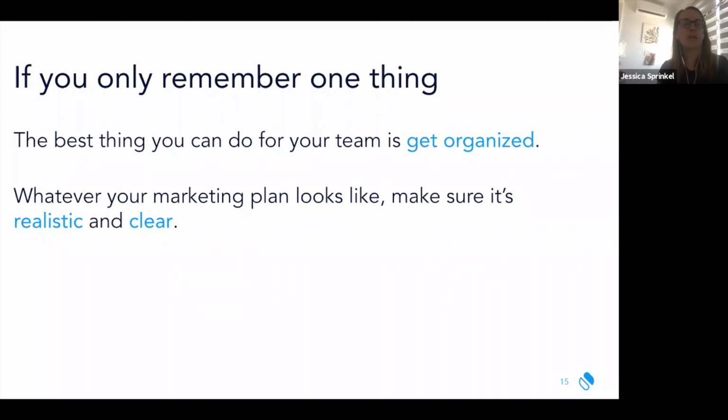And clear meaning there are owners, and people are clear on what they need to do to make this happen. And just in terms of encouragement, I think we can go ahead and plan now. There's still time in Q2 to adapt and make changes, and we will continue to learn as things change and keep going.